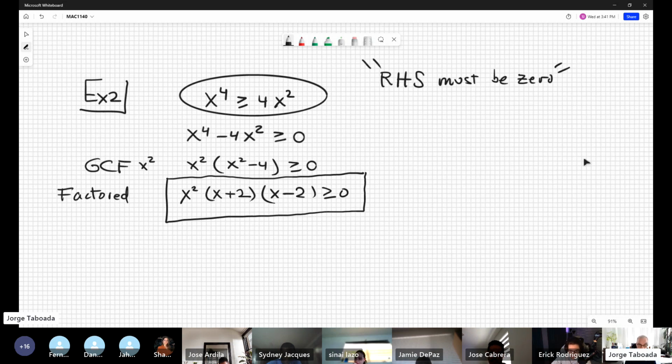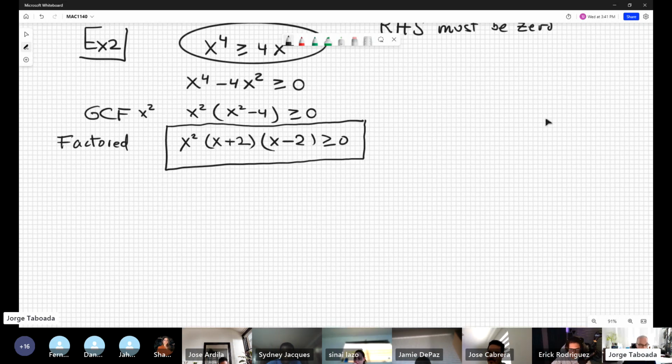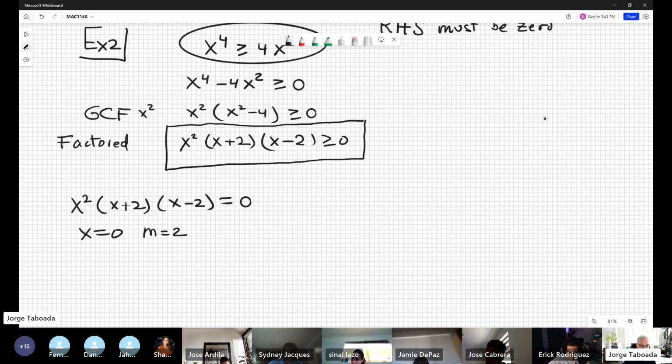Look, remember, the next step is to try to find the critical values. To find the critical values, you take the original inequality, but you force it to equal 0. Entonces it's so clear. Wow, x equals 0. By the way, multiplicity 2, actually this is like 0, 0, so 0 two times.